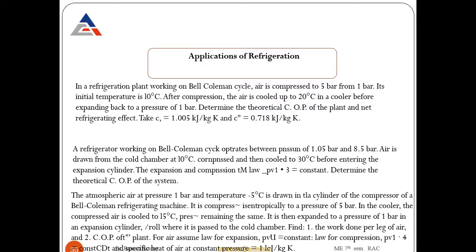So first is the value of your CP. What will be the value of CP? 1.005, and the value of CV is 0.718.